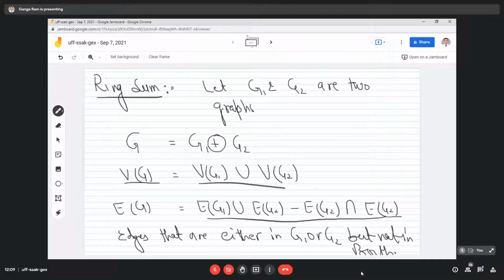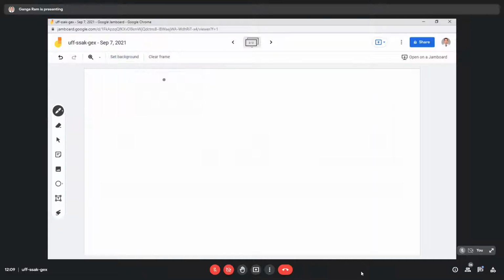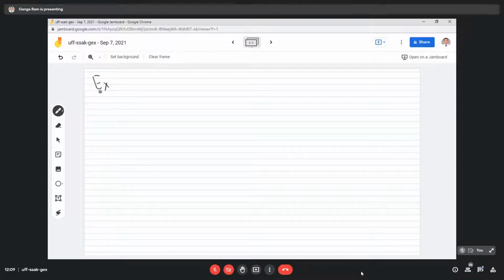Now this definition will be clear from the example.